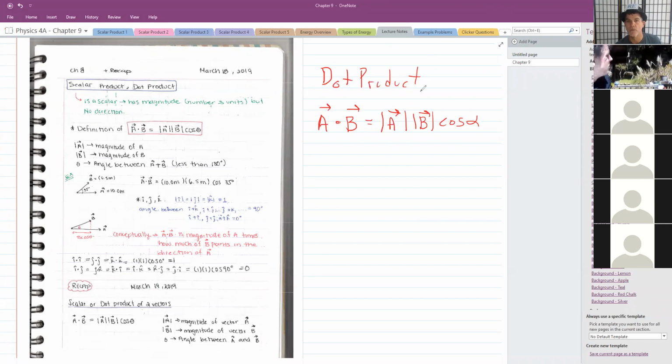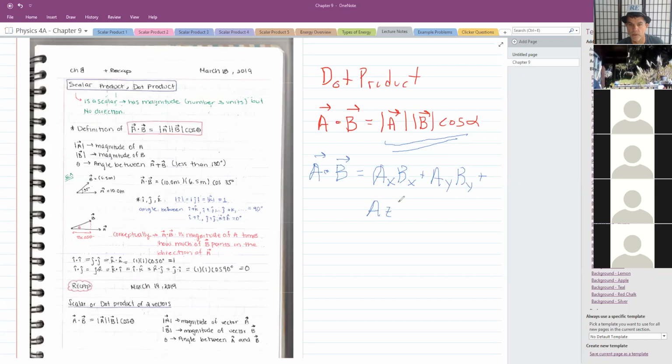Okay, so the dot product, the way it's defined, is the magnitude of each vector times the cosine of the angle between them. The other way that you can get the dot product, if you are given x and y components of each vector, is I multiply the x components together plus the y components multiplied together plus the z components multiplied together.